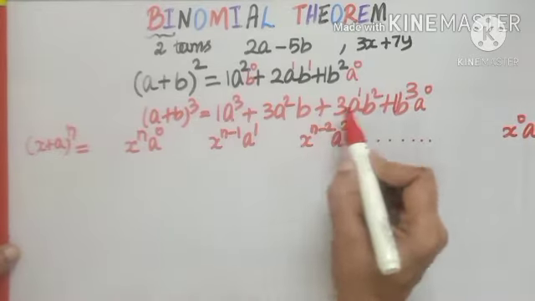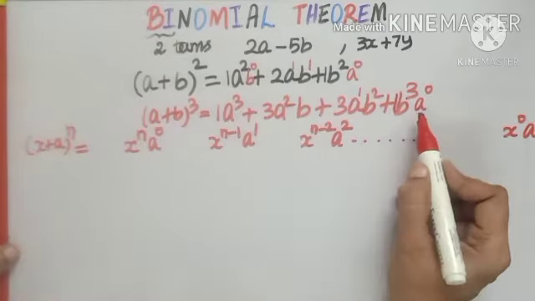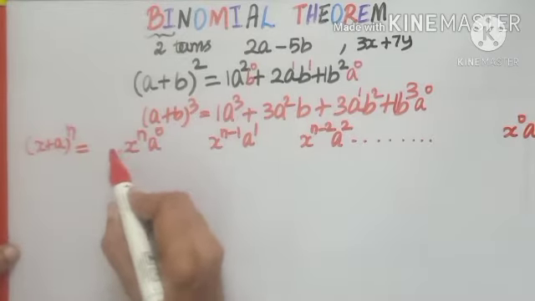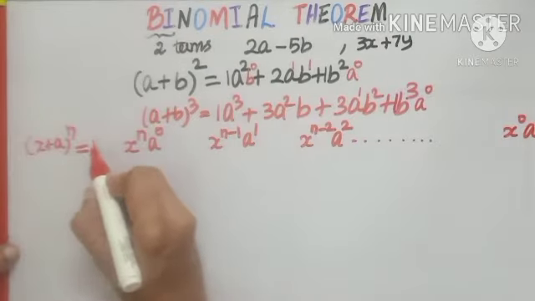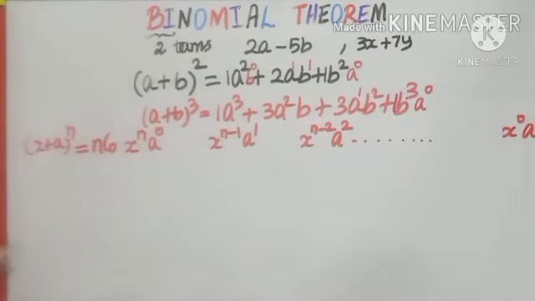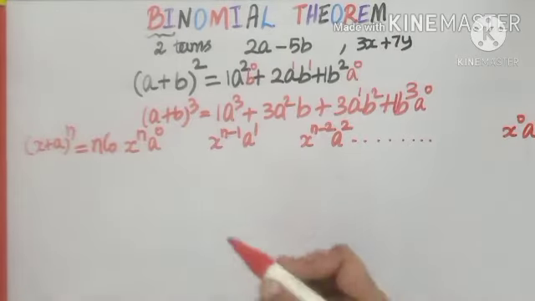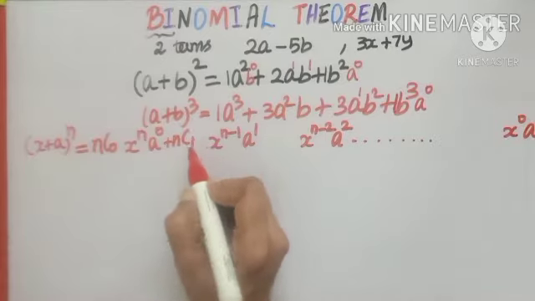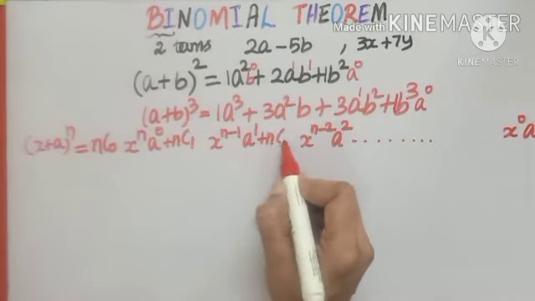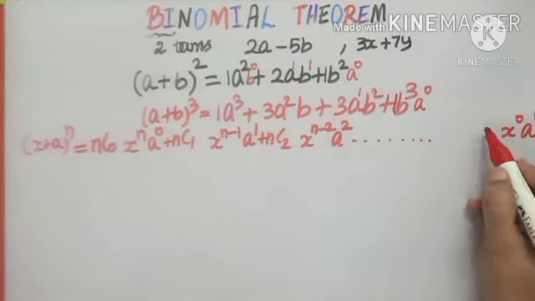We have these numbers. What are these numbers? The numbers are called binomial coefficients. I will write nC0. Pascal's triangle is based on combination. Second term nC1. Third term nC2. And so on. Finally, it is nCn.